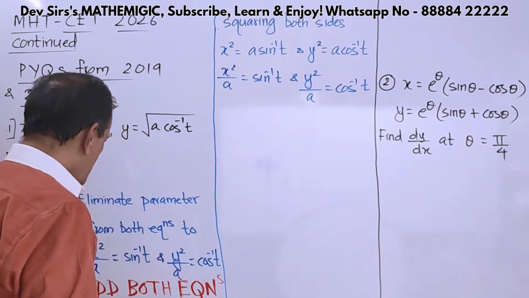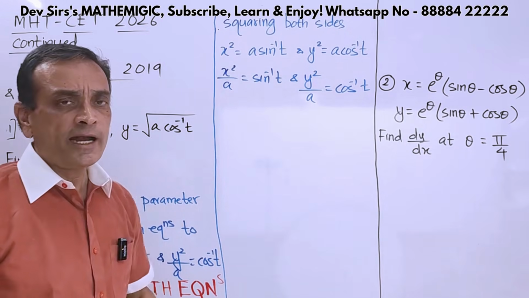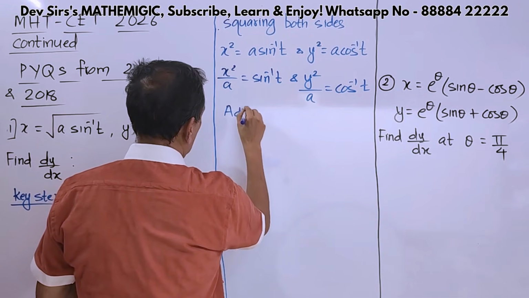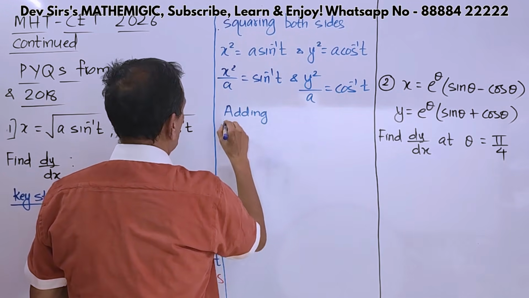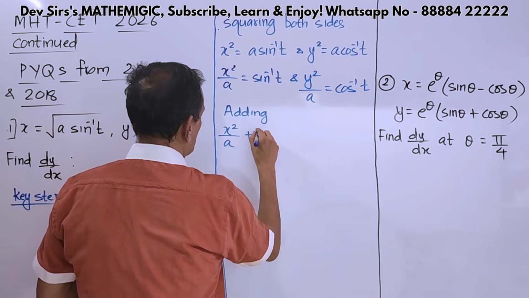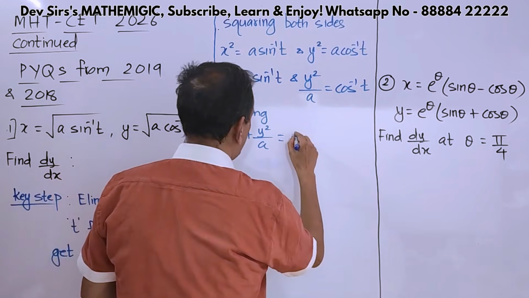Now, add both equations. How do you add? Yesterday I told you, left hand side plus left hand side, right hand side plus right hand side.